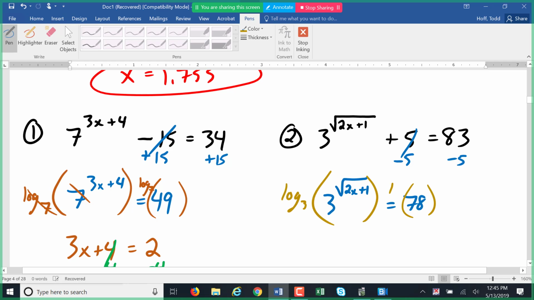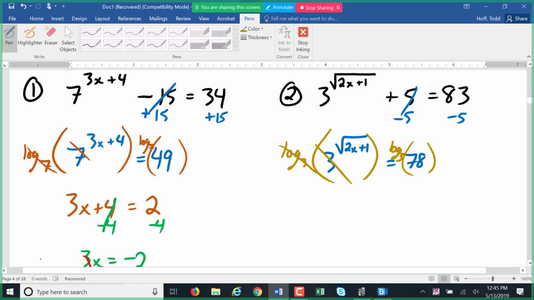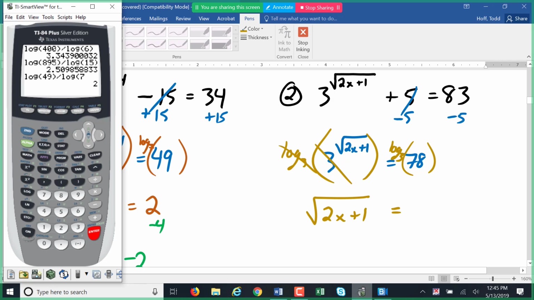Log base 3. So again, that cancels out the base of 3 in the exponential. We have a square root of 2x plus 1 here. Log base 3 of 78 is log 78 divided by log of 3.